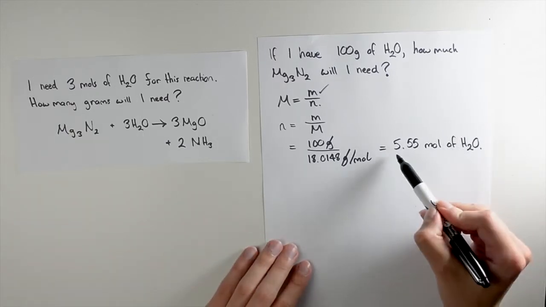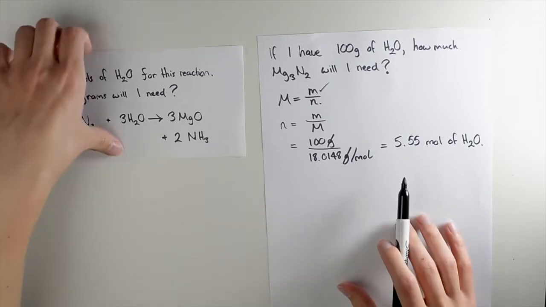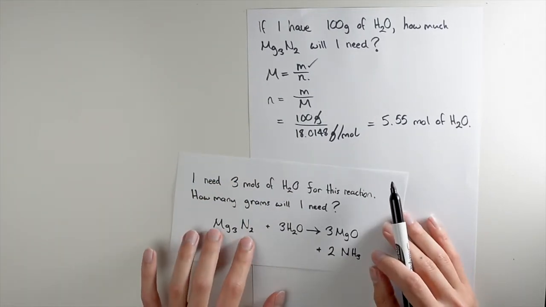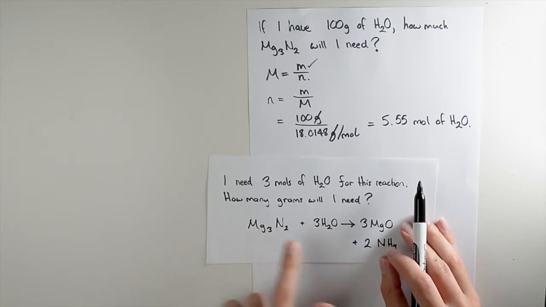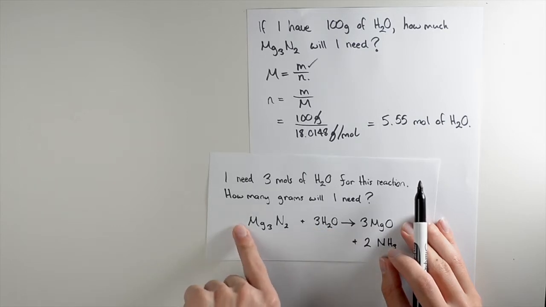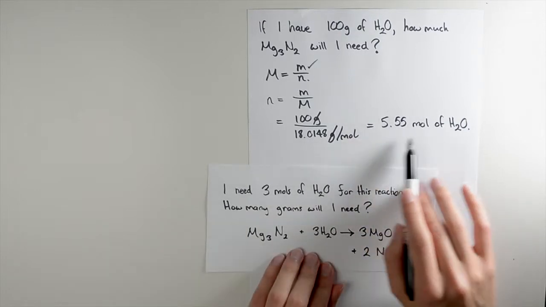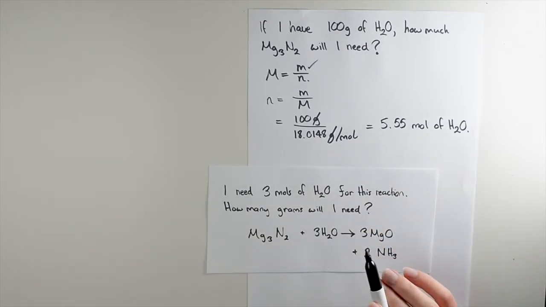Okay, now that we've found out how many moles there are of water in 100 grams, we now can find out how much magnesium nitride we'll need. If the ratio here is 3:1, 3 molecules of water reacts with 1 molecule of magnesium nitride, then we need to somehow quantify this mole here and equate it to the value of 3 molecules.